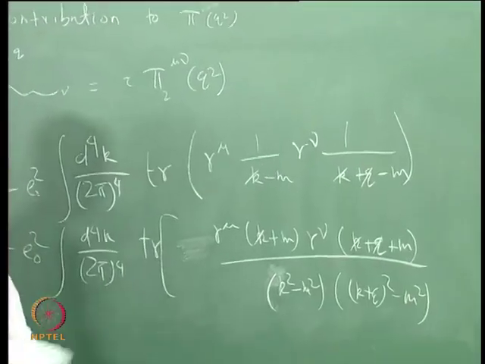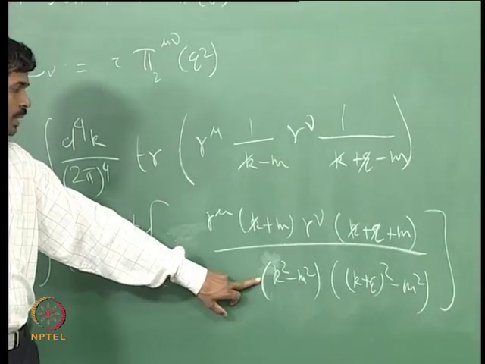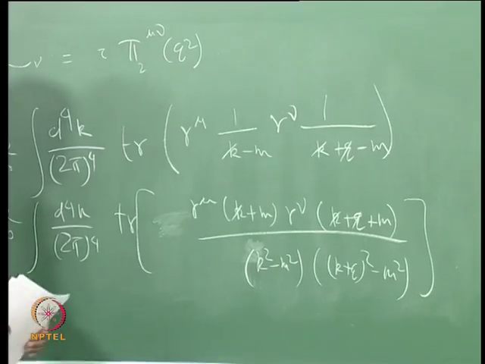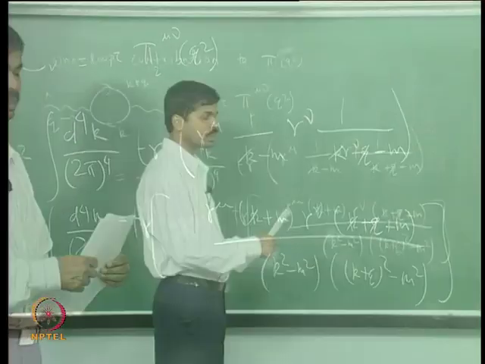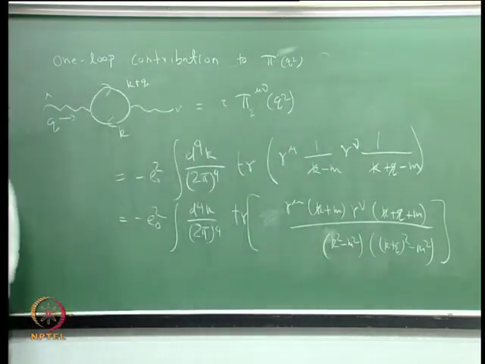So, this denominator again as usual we will use the Feynman parameterization to rewrite as an integral over x, and the numerator is just a trace involving 4 gamma matrices. So, it is very straightforward, we can work it out explicitly.